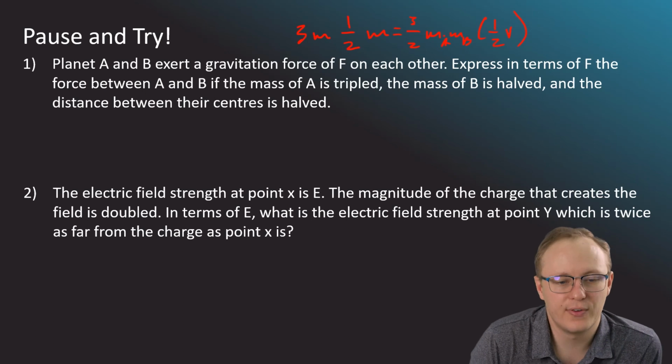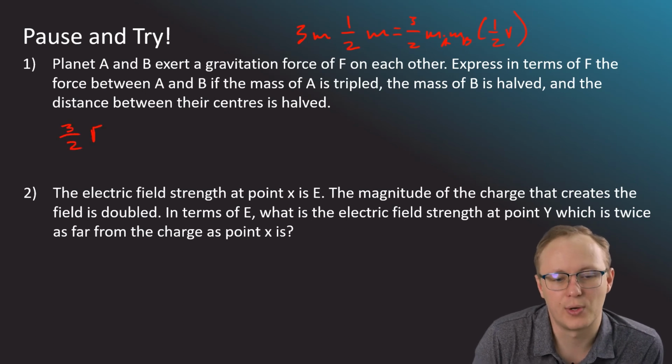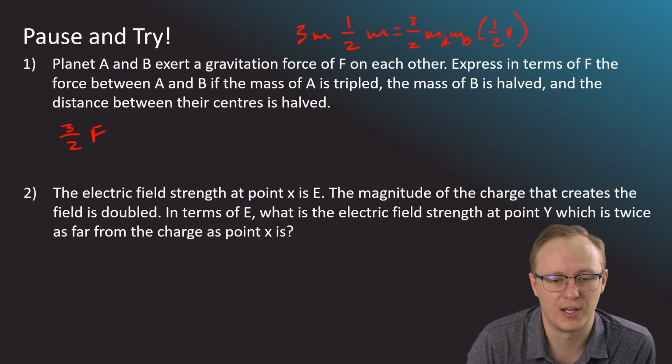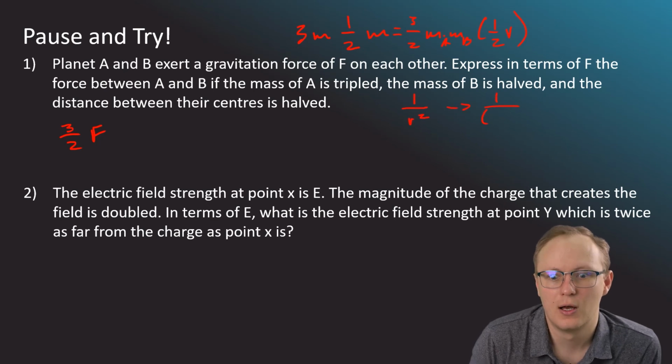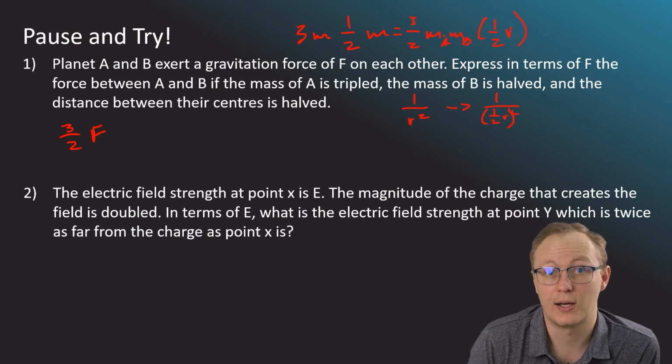So we know that due to the mass changing, we then have 3 over 2 F due to the direct proportion there. And then in terms of the 1 over r squared, we have 1 over r squared, which actually now became 1 over (half r) squared, with the square outside the brackets, which is 1 over a quarter times r squared, and that then is 4 times the 1 over r squared.